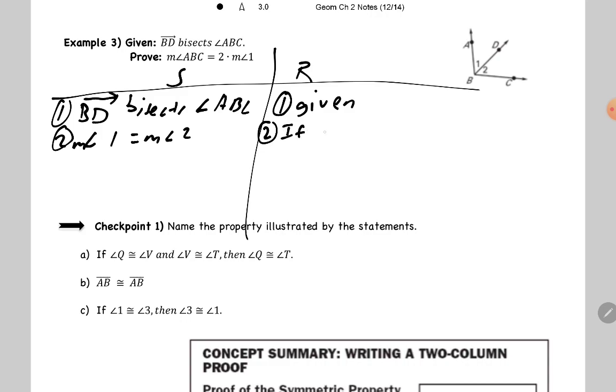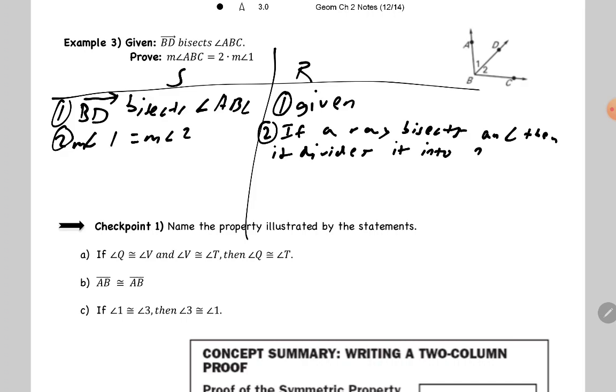So if a ray bisects an angle, then it divides it into 2 equal angles.